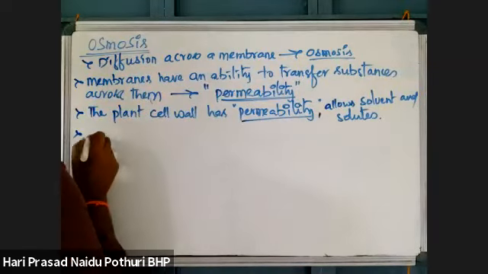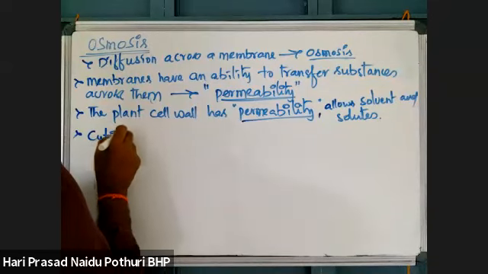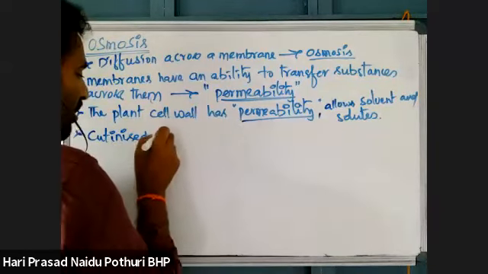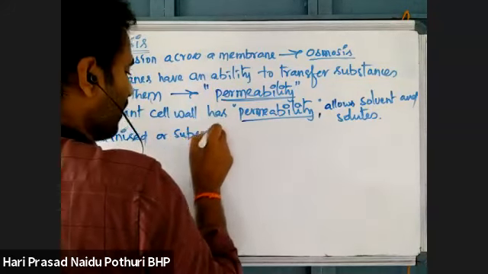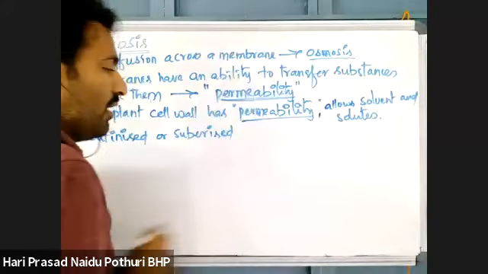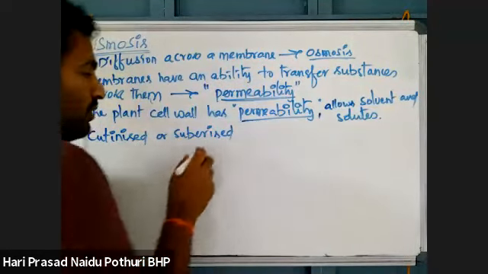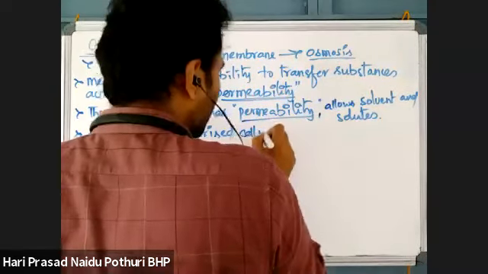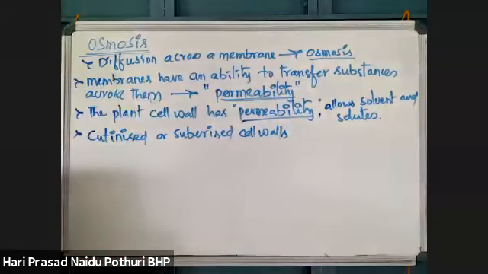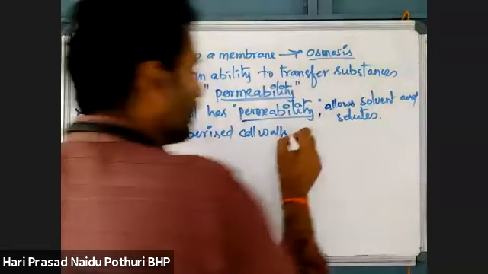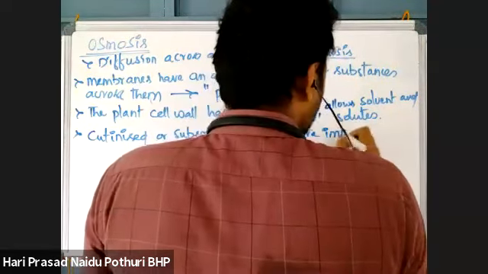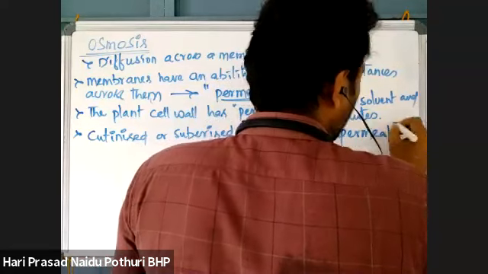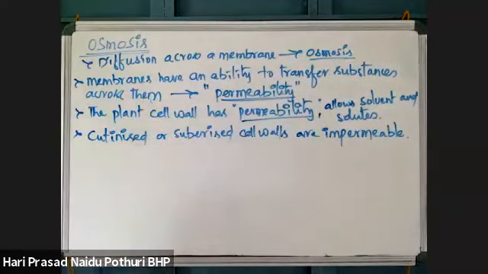But other cell walls, cutinized cell wall or suberized cell wall, in secondary cell wall I told you, cutin and suberin are present. If cutin or suberin are present in the cell wall, they are impermeable. Cutinized and suberized cell walls are impermeable. They will not allow molecules to pass across them. Okay.